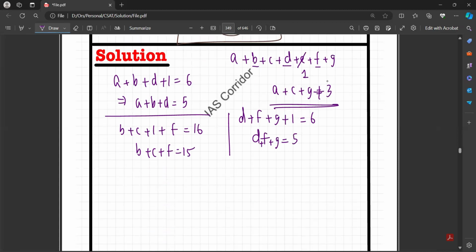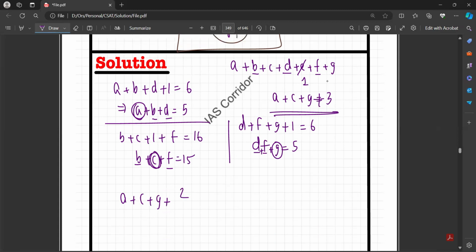Now you can clearly observe you have got 3 equations where you need to find A, C, and G. B is occurring 2 times, D is occurring 2 times, F is occurring 2 times. If you add them, A plus C plus G plus 2 times B plus D plus F equals 5 plus 15 plus 5, which gives you 15 plus 10, that is 25.